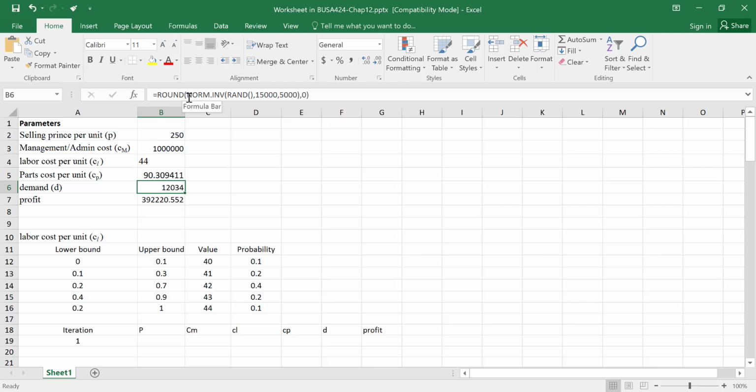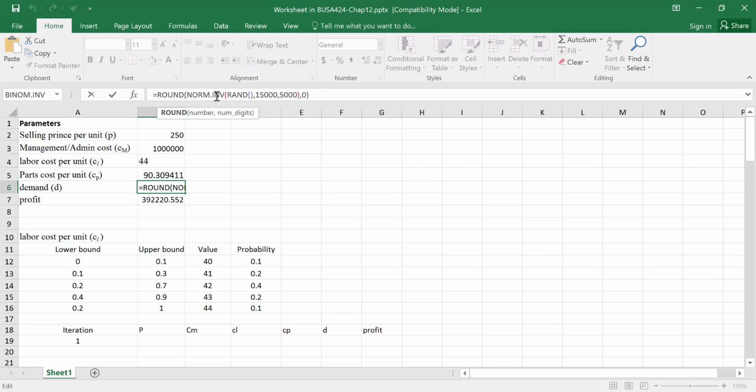And demand. Demand is most of the time an integer number. We can use round after generating the numbers from the normal distribution. So this is NORM.INV, this is a rand, and the expected value of 15,000, and standard deviation is 5,000.